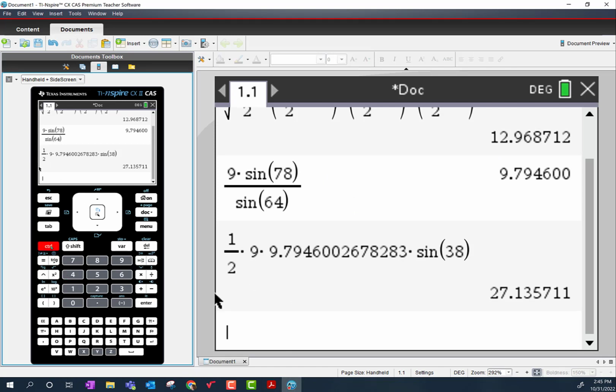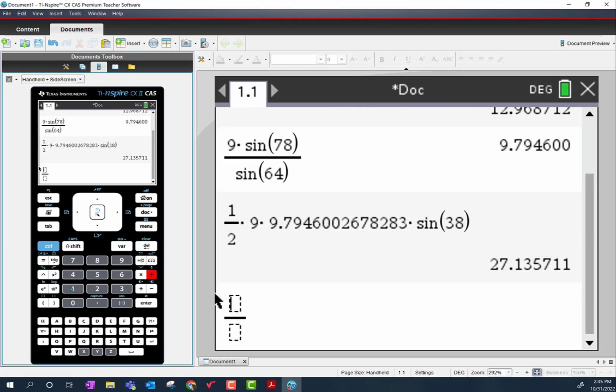We have 1/2 times 8 squared times 70 times pi over 180.